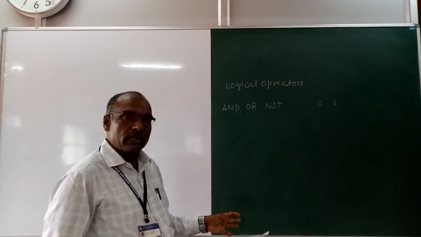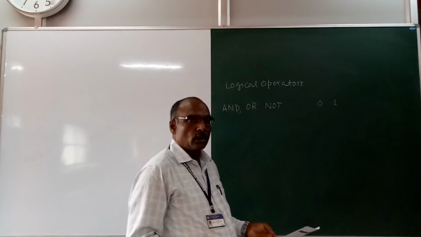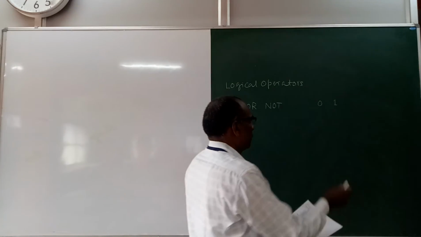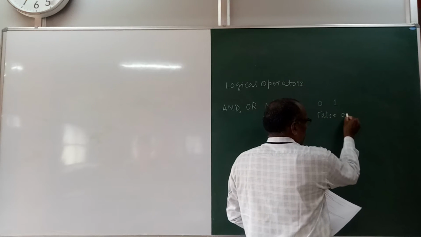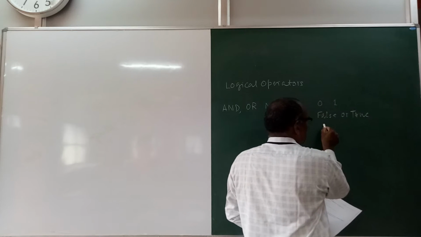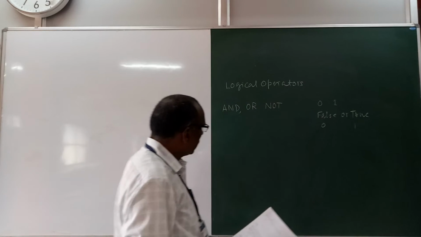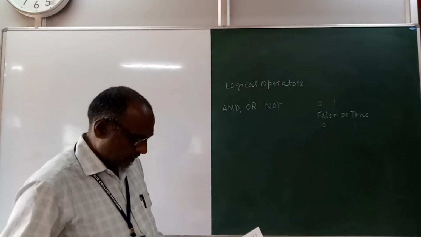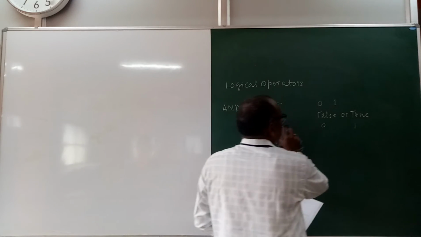The result will be same as the relational operator, that is false or true. False means 0, true means 1. These operators have definite symbols in C language.